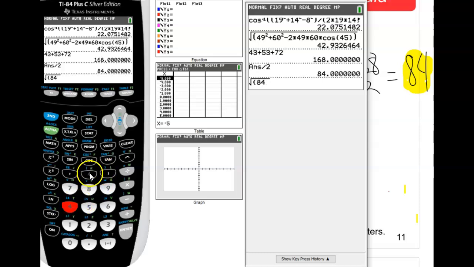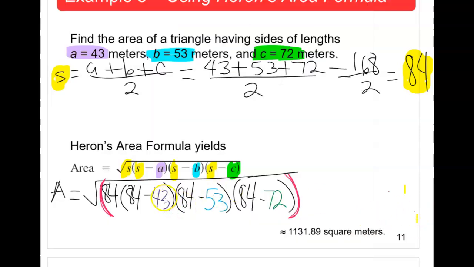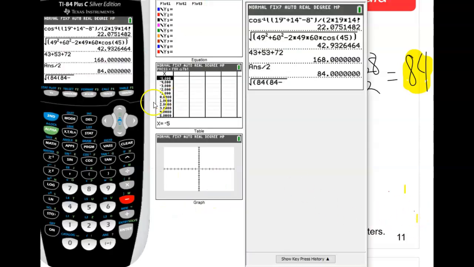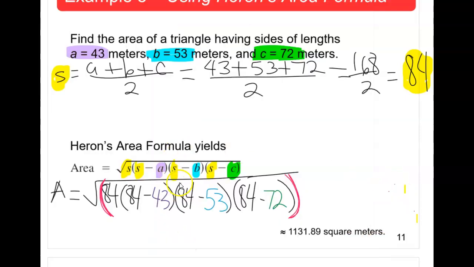Then open parentheses again. Now we're going to enter S minus A. So that is 84 minus, sorry, I have to keep checking, 43. So 84 minus 43, close the parentheses there, and then we open parentheses again because we want to match the parentheses that is here.